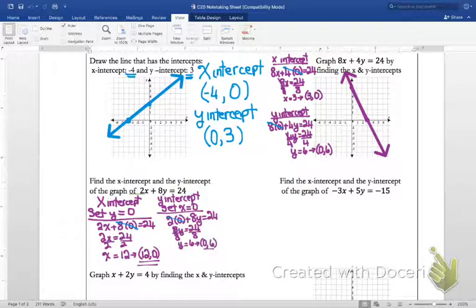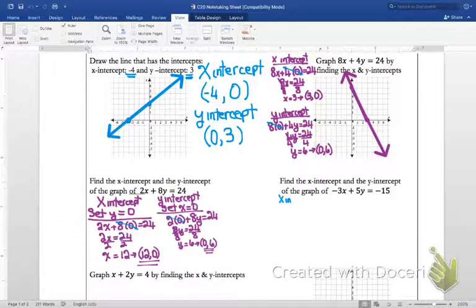And I'm going to get that y equals 6. But remember, it's not 6. It is an ordered pair where the x value is 0, the y value is 6. So that y-intercept is 0, 6. Pause the video if you need to write all that stuff down.